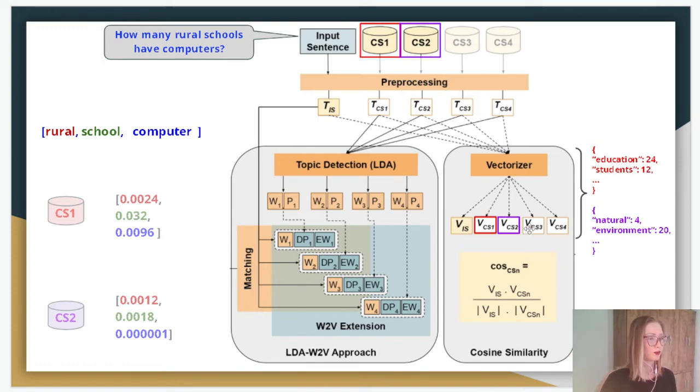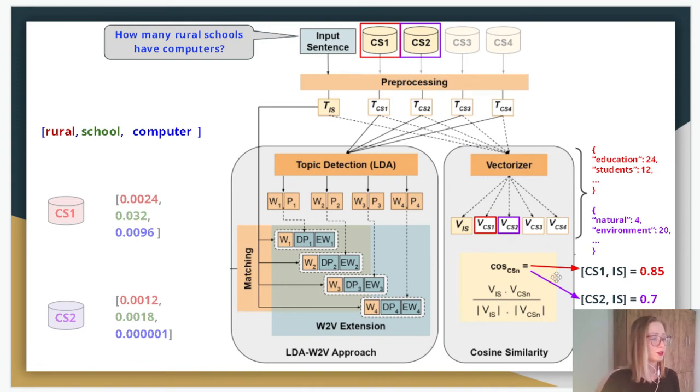For example, for candidate source 1, the word education appears 24 times, the word students appears 12, and so on. We do this count for all candidate sources and for the input sentence too, as you can see here. The cosine equation receives the input sentence vector and a source vector for measuring the similarity between them.